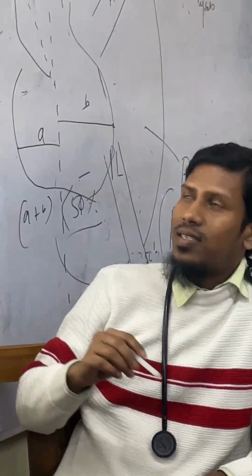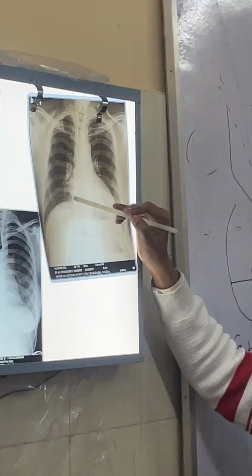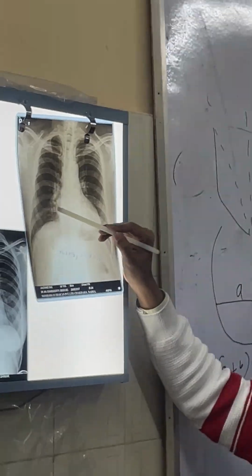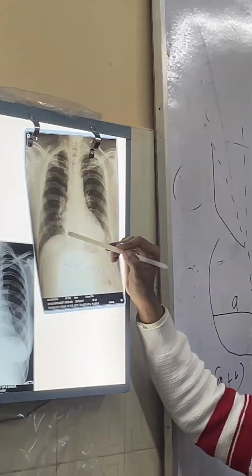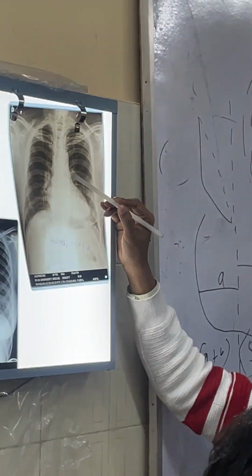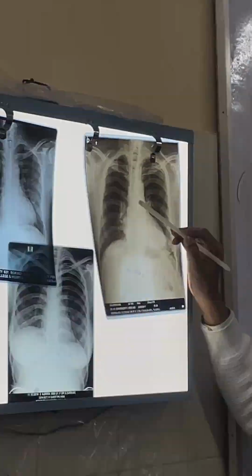And the same thing, what is this? Right atrium. This is the right atrium. If the left atrium gets enlarged, it will come here.